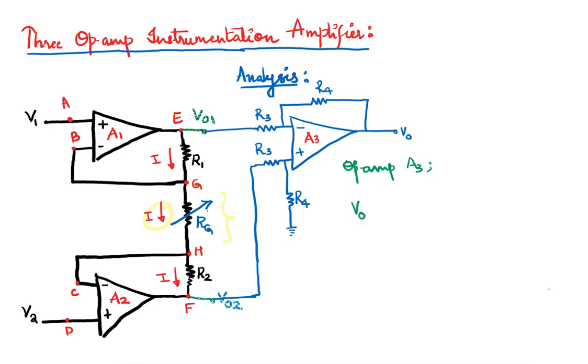So for the op-amp A3, the output voltage will be R4 by R3. So we have output voltage equal to R4 by R3 into V out 2 minus V out 1.